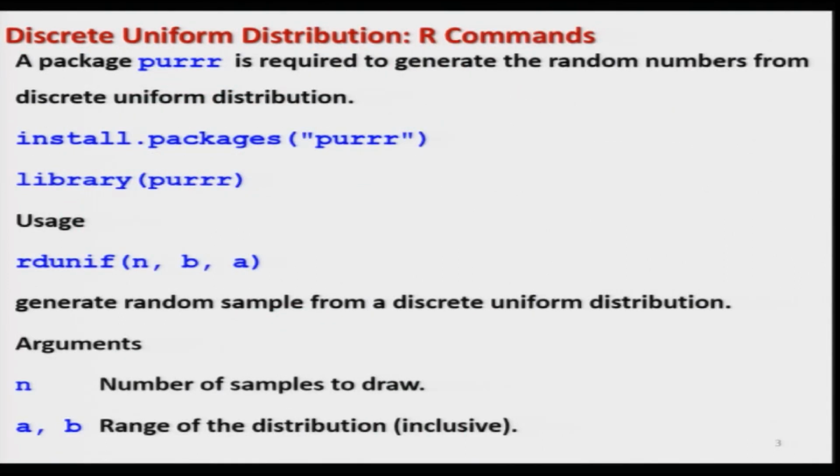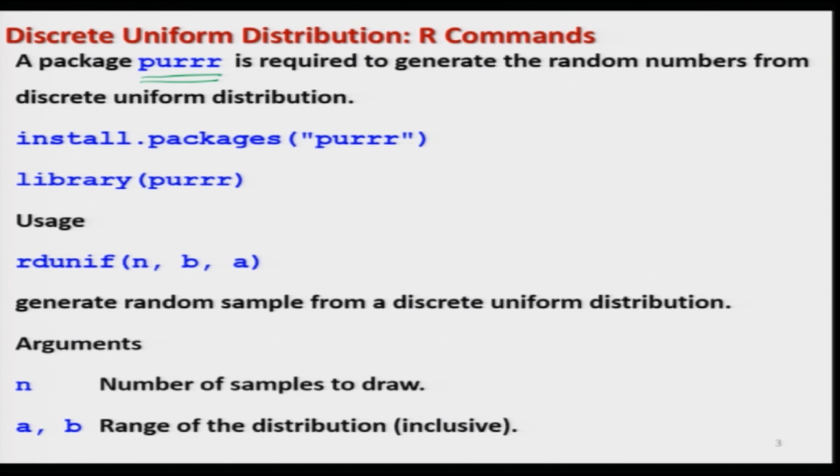Now let us do the same thing in R software. In the base software, details of the discrete uniform distribution are not available. If we want to employ the discrete uniform distribution, we need a package whose name is purrr.